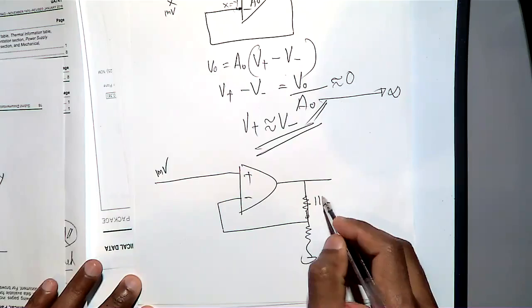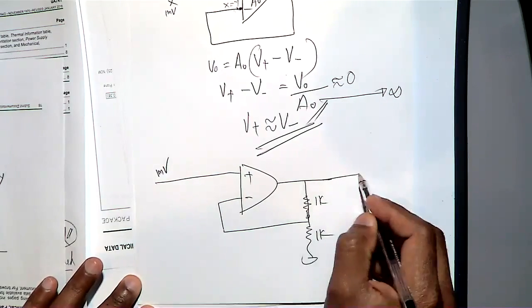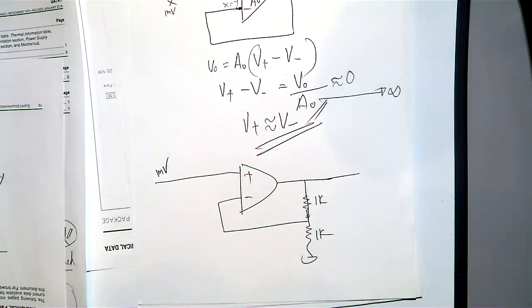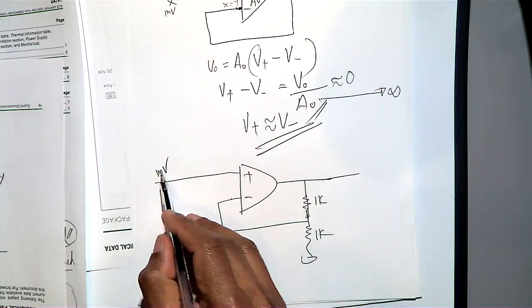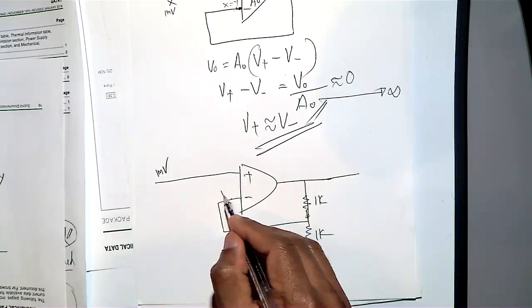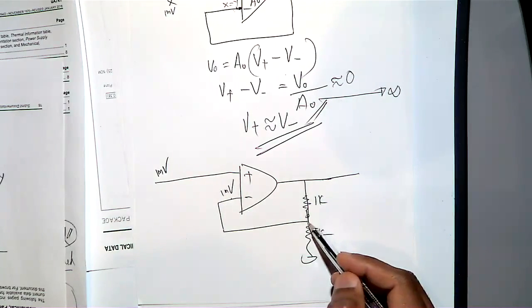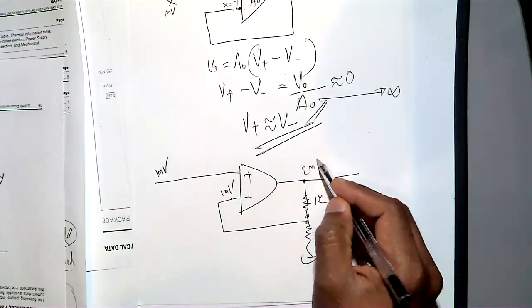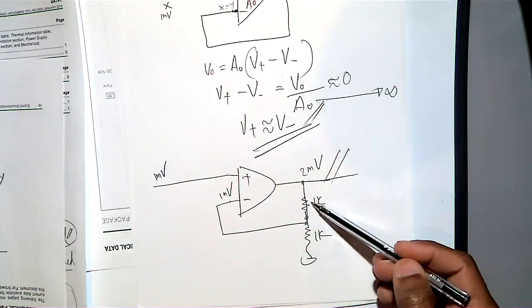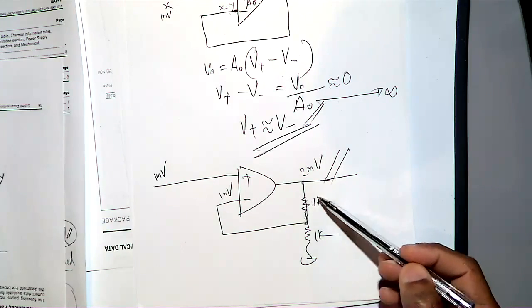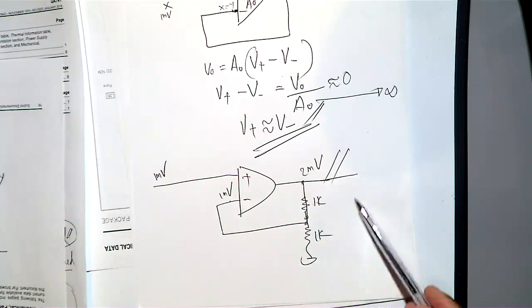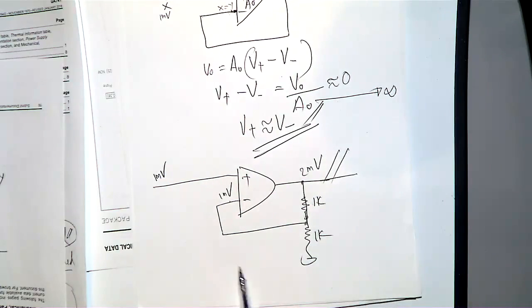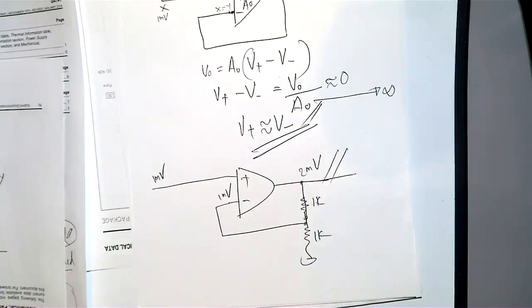If you put 1K and 1K, the operational amplifier will make sure that this is equal to 1 millivolt, because here it is 1 millivolt, here it is 1 millivolt. If you want 1 millivolt here, with 1K and 1K, this should be equal to 2 millivolt. So you can get a gain of 2. By varying this, using the idea of the operational amplifier, you can amplify the signal. So this is amplifying because of the virtual short. Then we can derive the equation later.